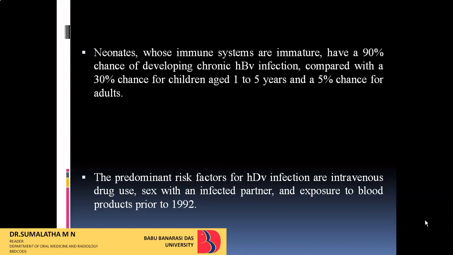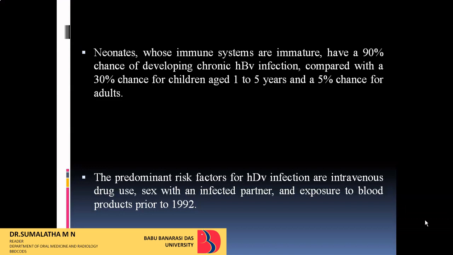The neonates, whose immune system is immature, have 90% chance of developing chronic hepatitis B infection as compared to the 30% chance for children aged between 1 to 5 years and 5% chance for adults.